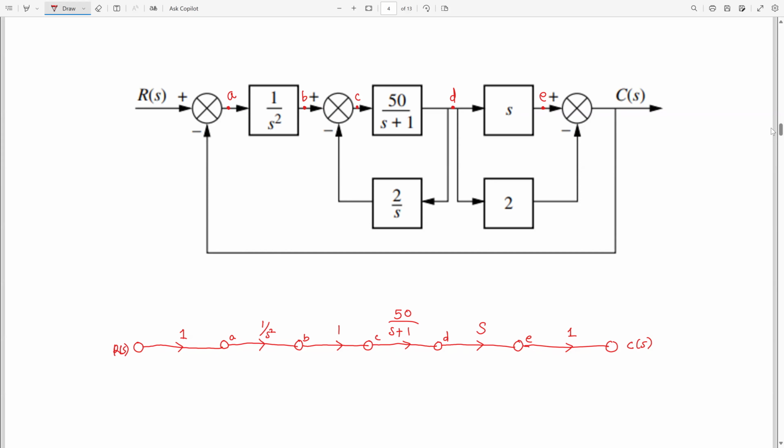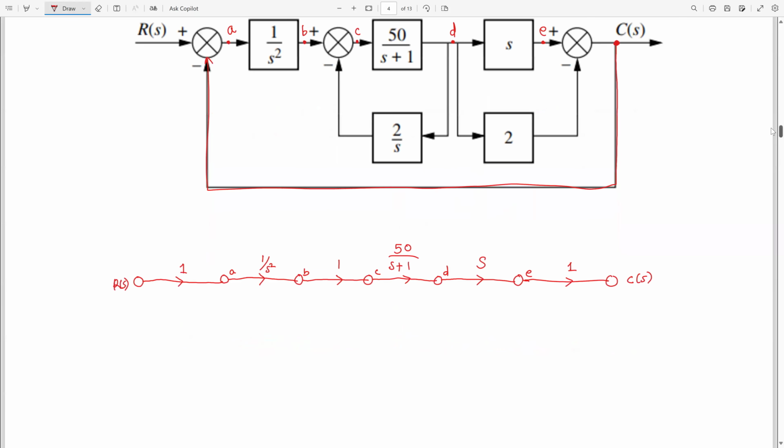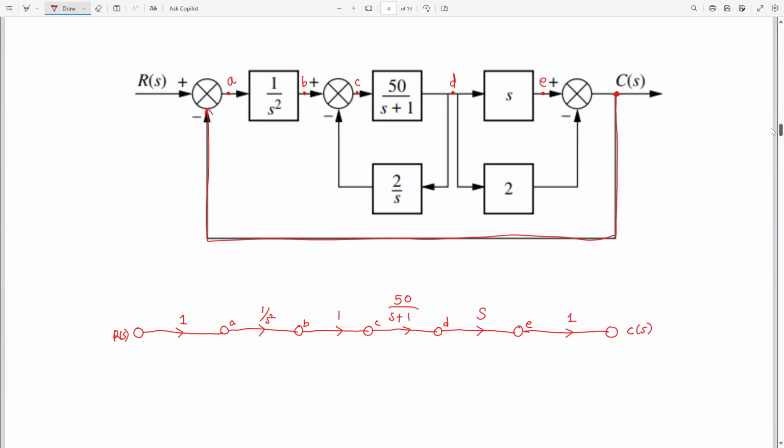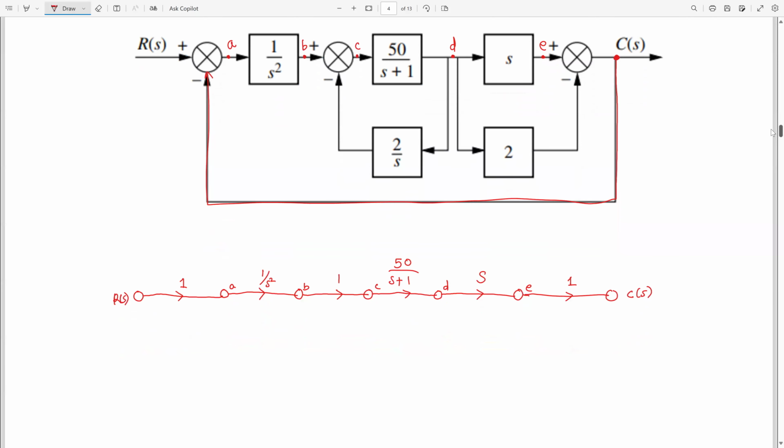Okay. So I'm going to take this long shot from this side to that side over here. It's obvious that it's on the signal C of S, so we have to take it from the node C of S. And then it has to go to A, because A is the output of this summing junction here.